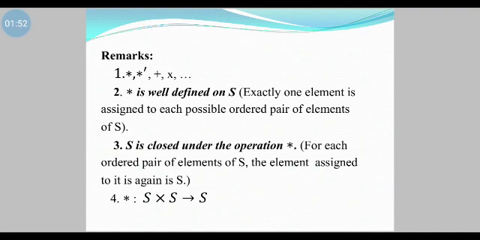That is, the resulting element must be unique. Another condition is that S is closed under the operation star, which means for each ordered pair of elements of S, the element assigned to it is again in S. That is, the resulting element must be an element in S. Actually, star is a mapping from S cross S to S.